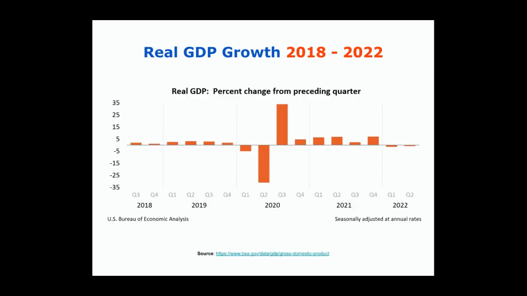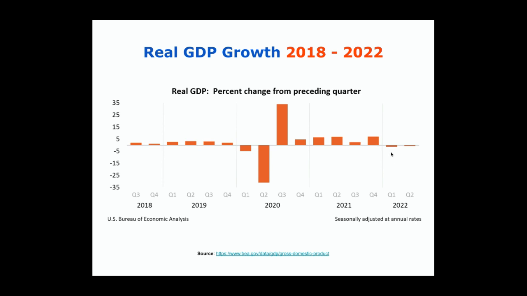And here is just another way of looking at it. More recently, the real economic growth is generally growing in this 2 to 3% range. This was the pandemic, where we had a big decline and then a big recovery, and then it goes back into stronger growth in that 2, 3, 4% range.